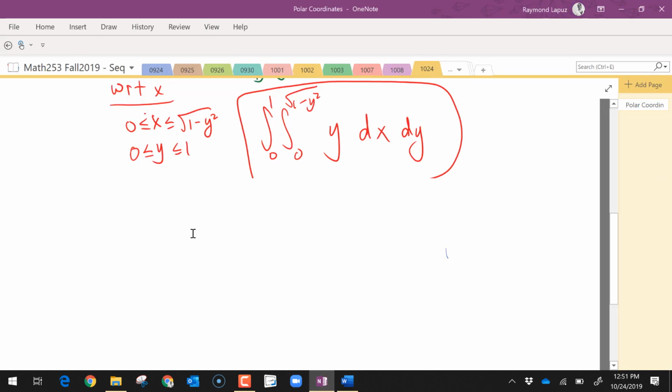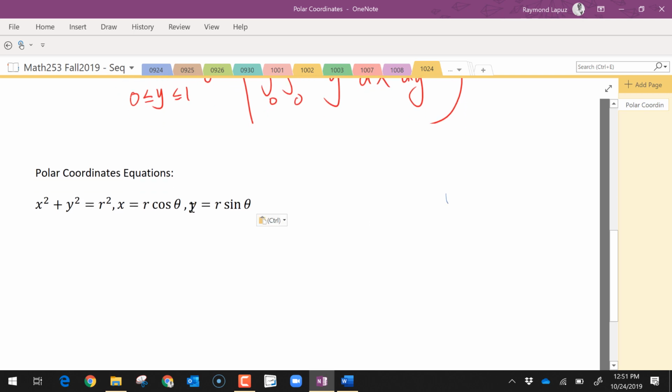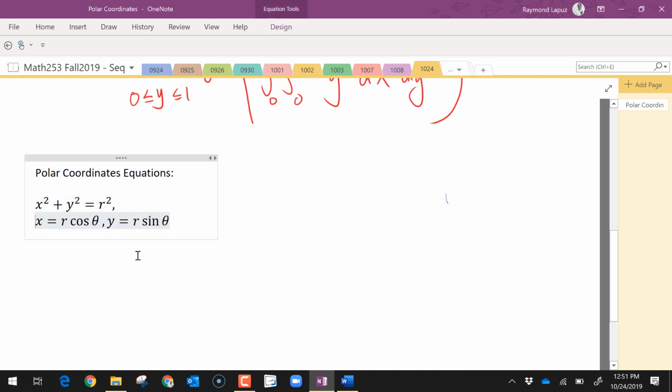So let's start off by looking at the equation, and then let's try to justify what happens to the rest of this stuff. There's actually a third equation with a tangent or something like that, but we're not going to worry too much about that. Let's just focus on the x and the y business.